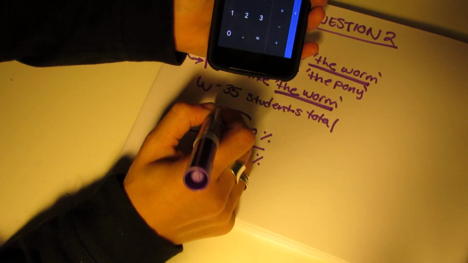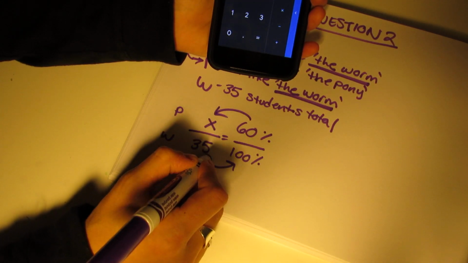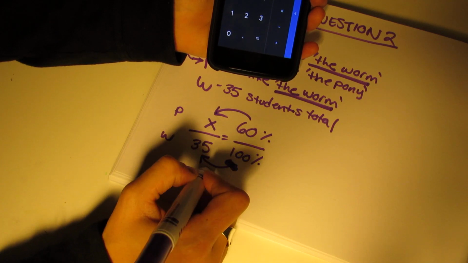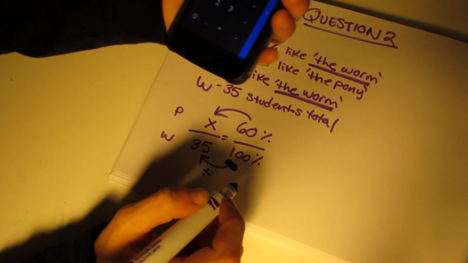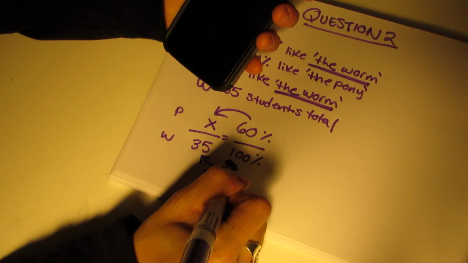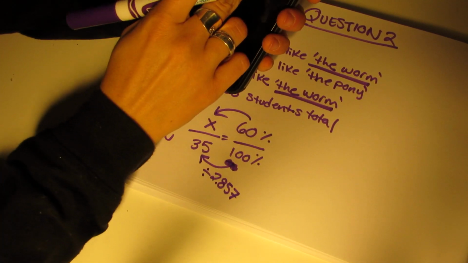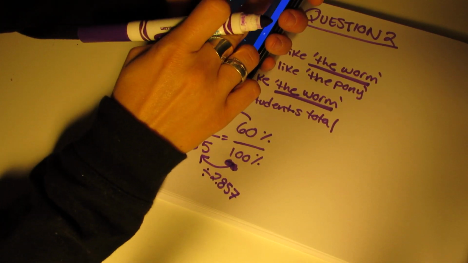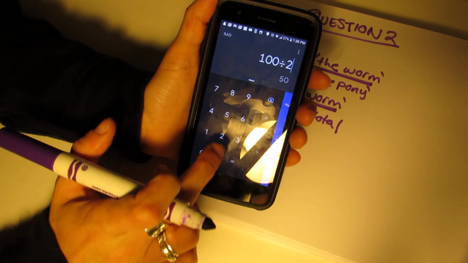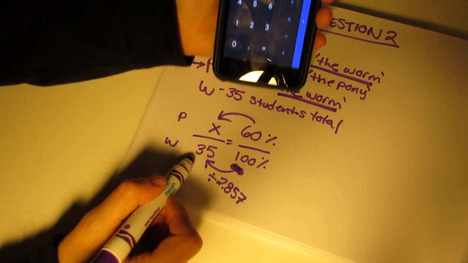So right here, I'm going to have to figure out x, okay? So if I went from 100 to 35, I'm going from a large number to a small number. That means I'm going to have to divide by 2.857. So if I want to check that to see if it gives me 35, I can do 100 divided by 2.857. Does that give me about 35?